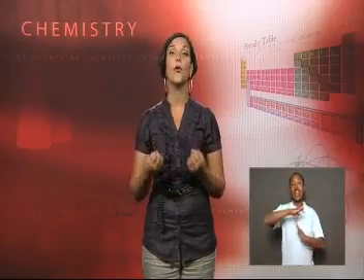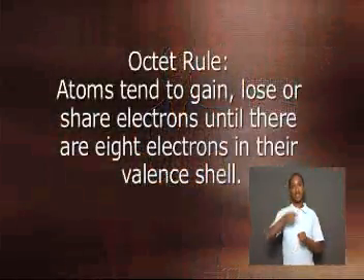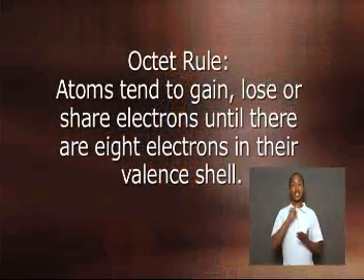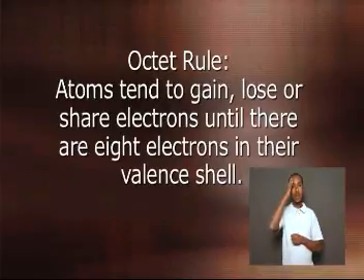Therefore, valence electrons are responsible for the formation of chemical bonds. Atoms lose, gain, or share their electrons in order to attain the stable electron configuration of noble gases. This is also known as the octet rule.